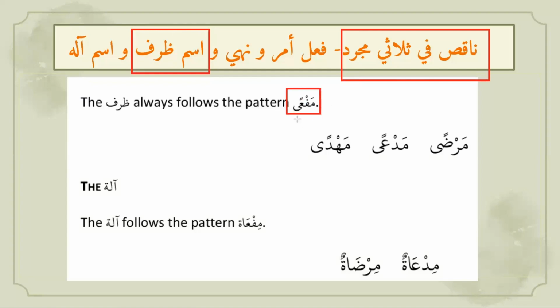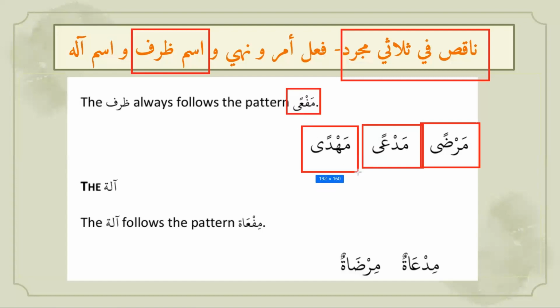You know, Radiya Yarda has the root letters Ra, Dad, and Ya. If you put these root letters on maf'an, you will find mardan. The same way, da'a yadu will have ism zarf as mad'an. And hada yahdi will have mahdan on the pattern of maf'an. That is ism zarf, the ism of time and place.